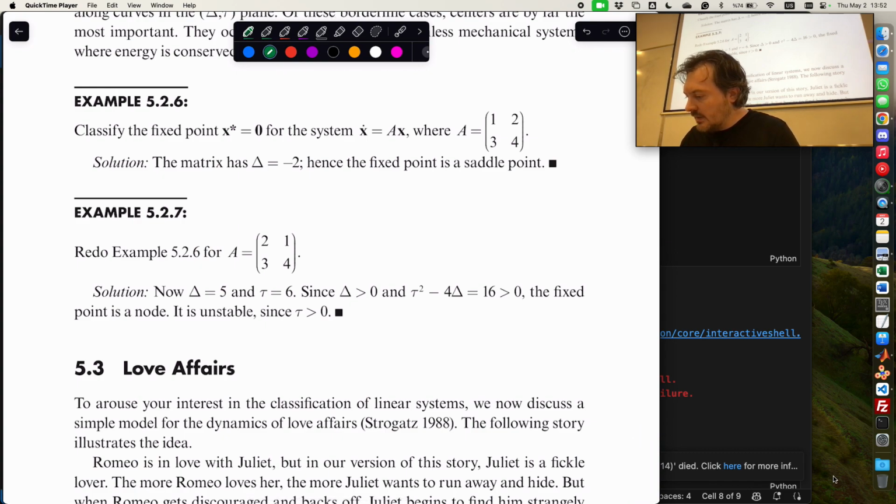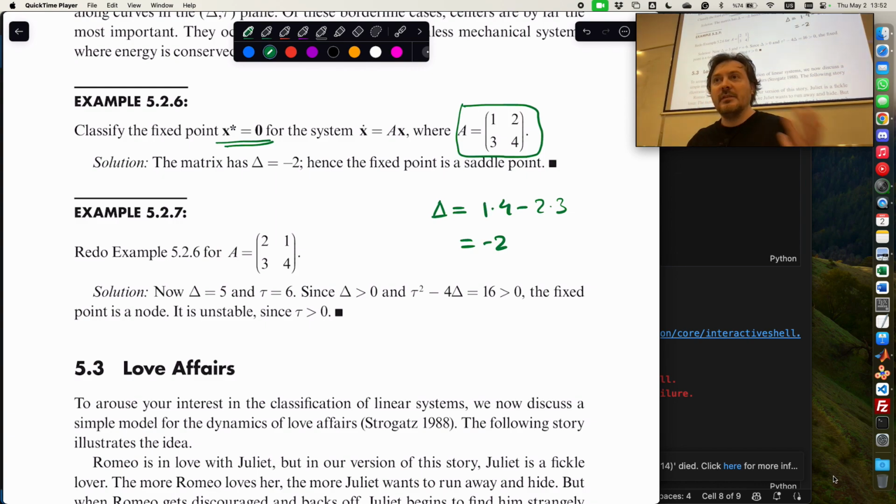So, classify the fixed point x equals 0 in this system. You find delta, which is 1 times 4 minus 2 times 3, which is minus 2. Since it's minus 2, it's what? Saddle node. That's it. That's the end of the problem.